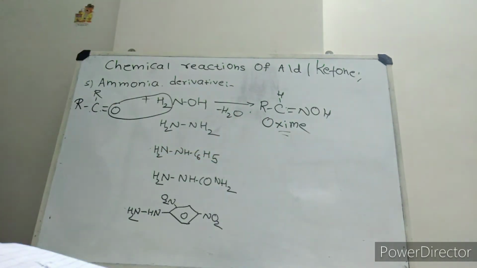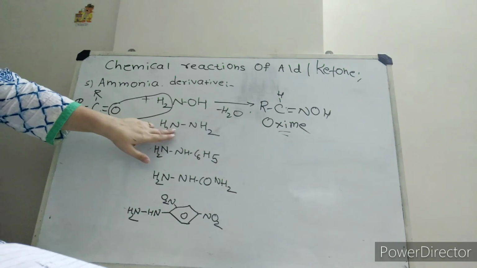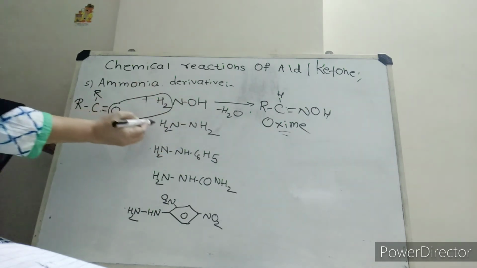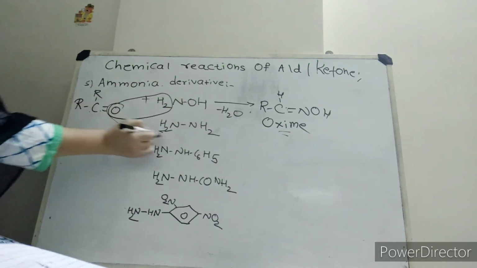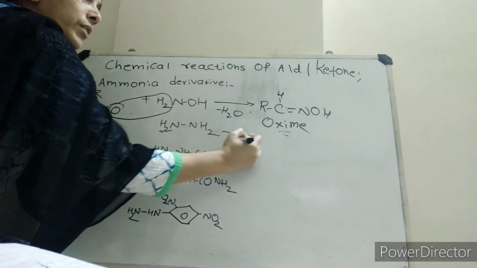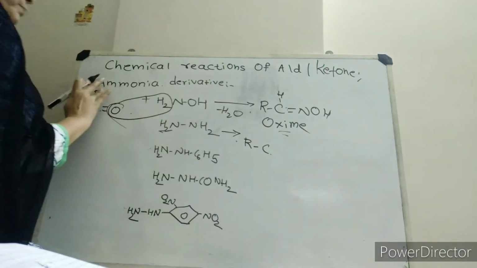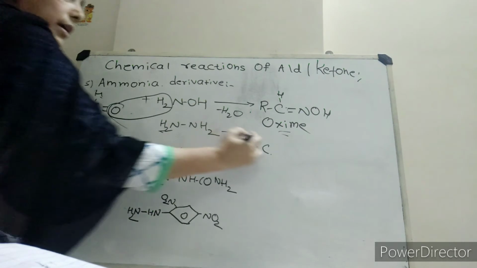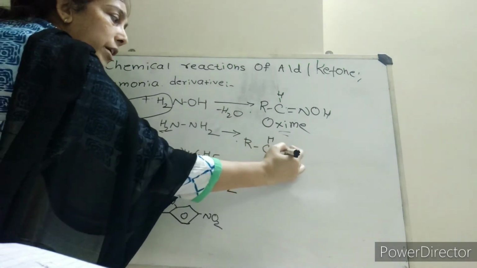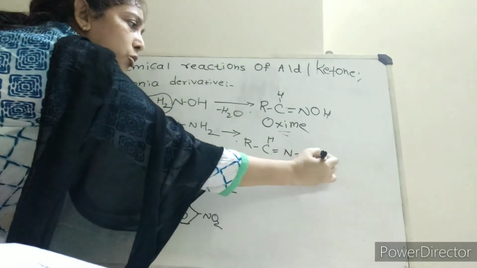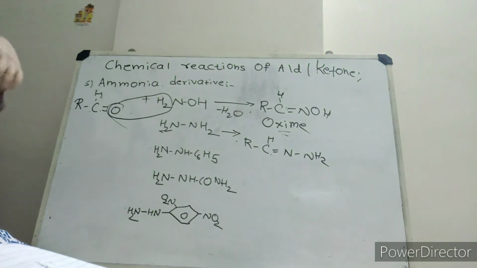Same thing with NH2NH2. These 2 hydrogens combine with this oxygen to form what? RCH=N-NH2, same thing, double bond N, NH2.